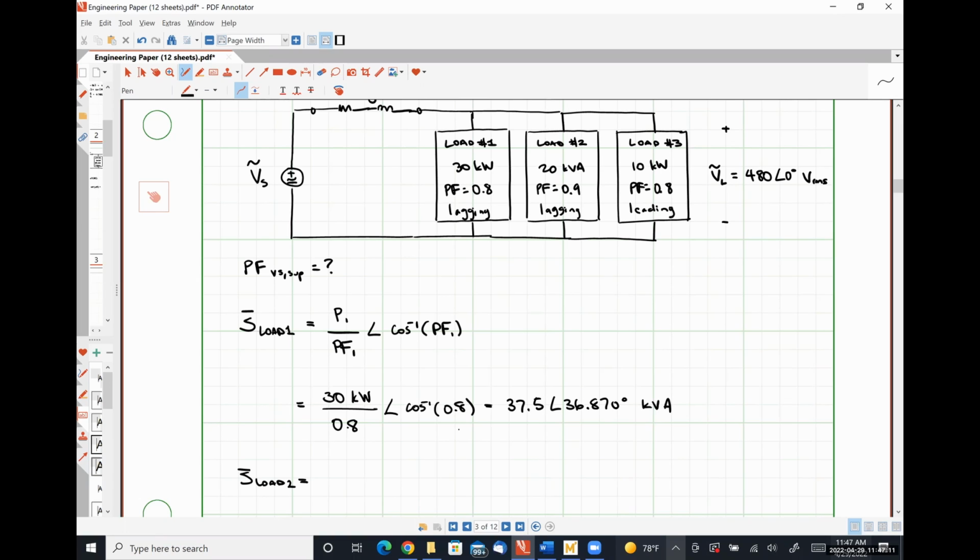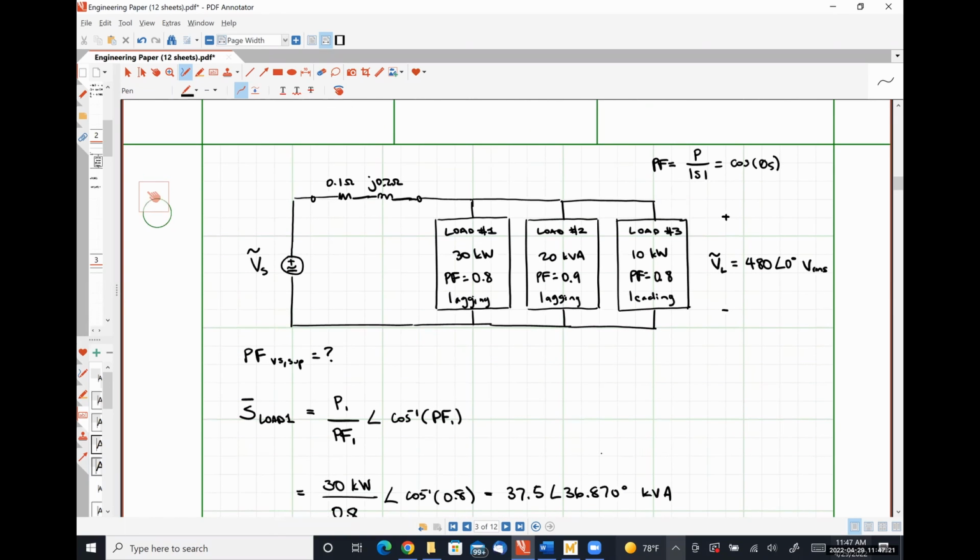Does it have a phase angle? Oh, it does. Apparent power? Yes, so this represents the apparent power. Okay. So we already have this part of the complex power. We just need to find theta S now. Theta S will again be the inverse cosine of the power factor at which load 2 is operating.